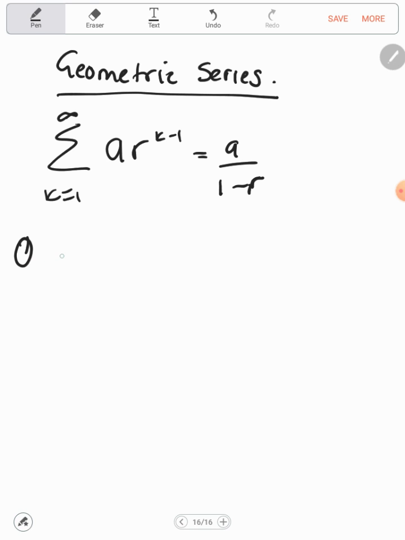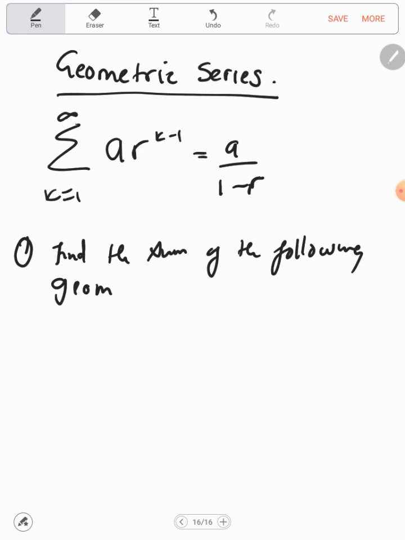Let's have some examples. Find the sum of the following geometric series.